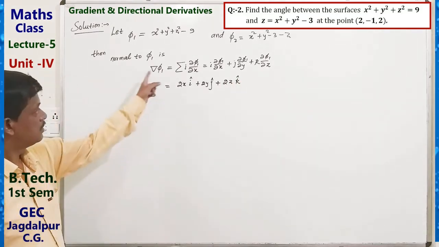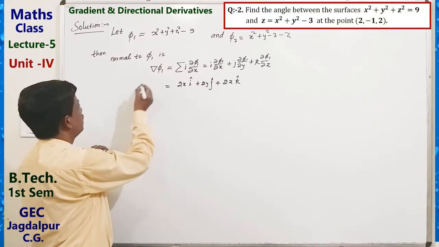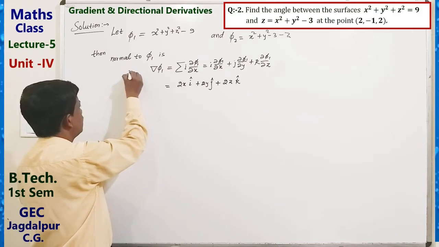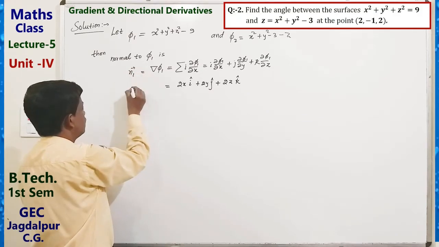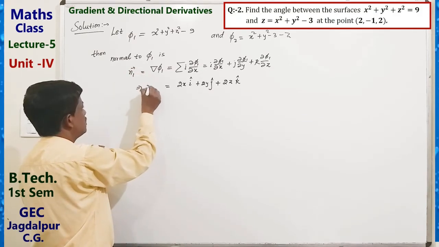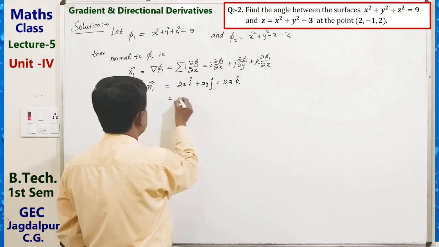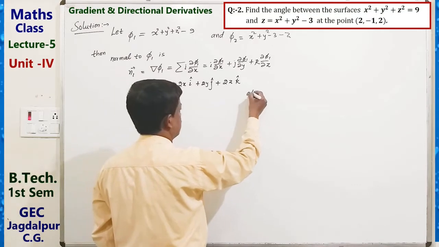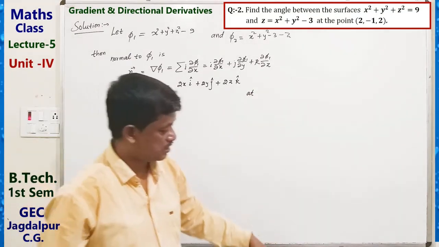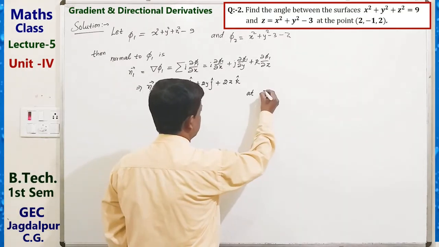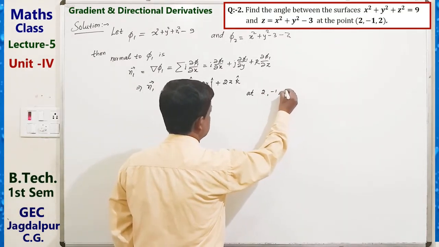This is ∇φ1, the normal to this surface, N1. N1 equals this at the given point. What is the point? (2, −1, 2).